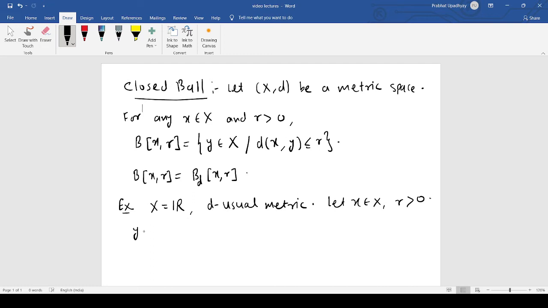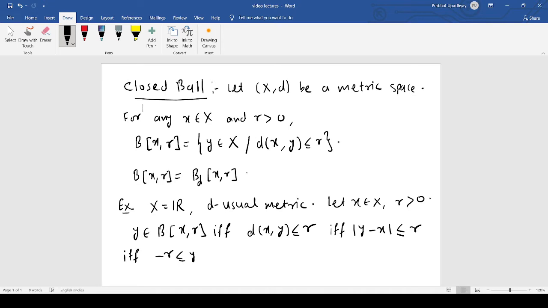So an element, say y, belongs to closed ball B[x, r] if and only if, by definition, distance between x and y is less than or equal to r. But distance is the absolute value function of y - x. This is possible if and only if |y - x| is less than or equal to r. This is possible if and only if -r is less than or equal to y - x is less than or equal to r, by properties of the absolute value function.